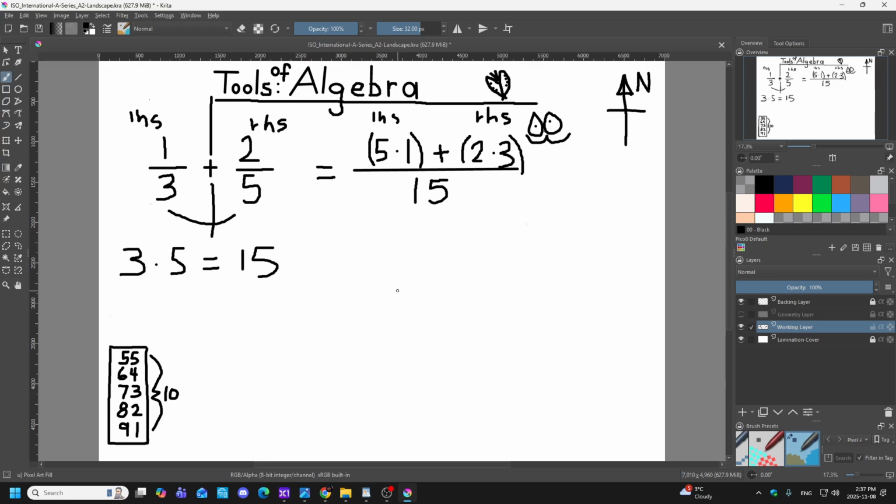Okay, continuing on. I get 5 times 1 plus 2 times 3. Our denominator remains unchanged. Now we can work with the addition sign.